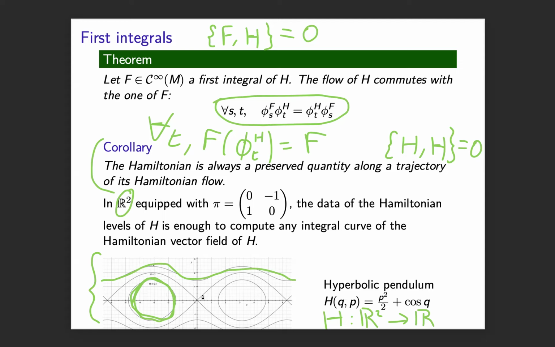And you may notice that between those two regimes, you have one curve with an equilibrium here. And those intermediate regimes are called separatrix.